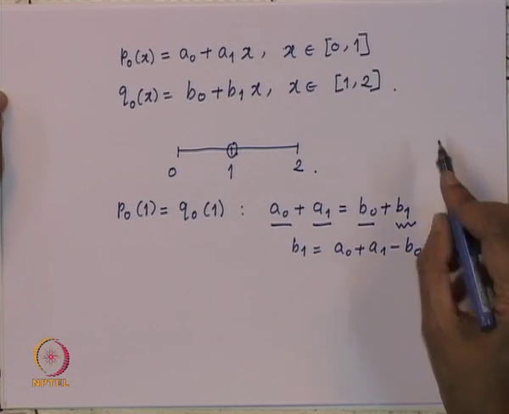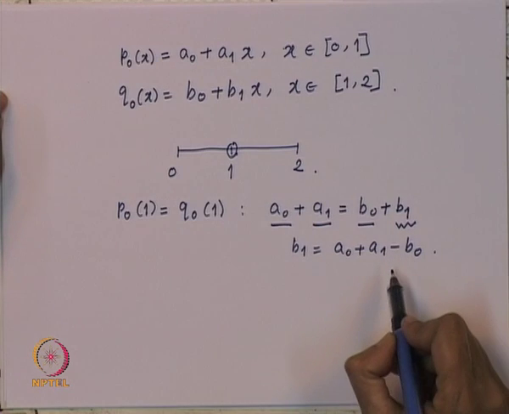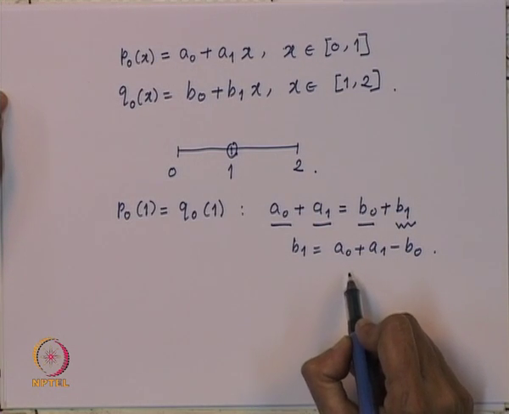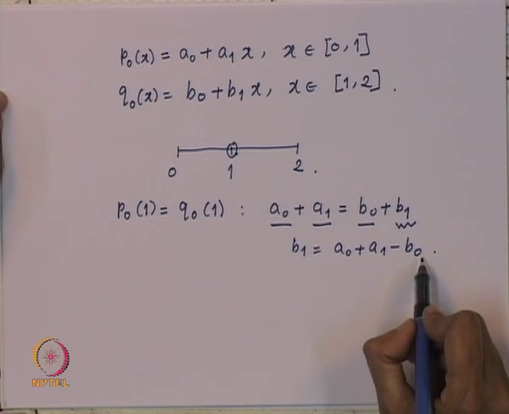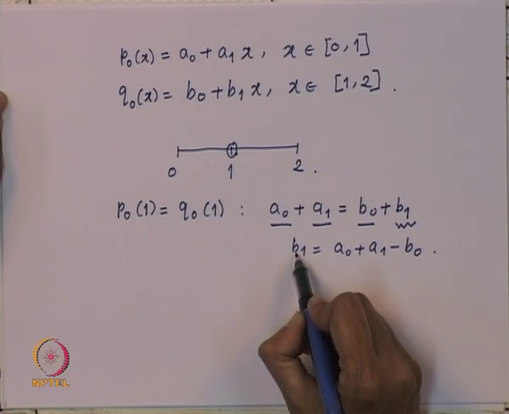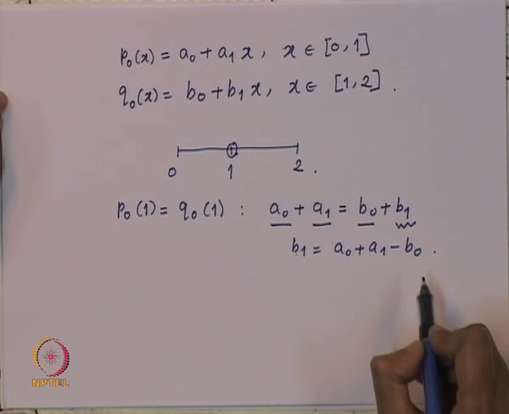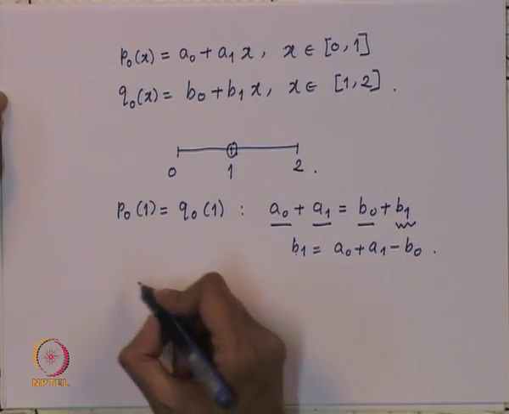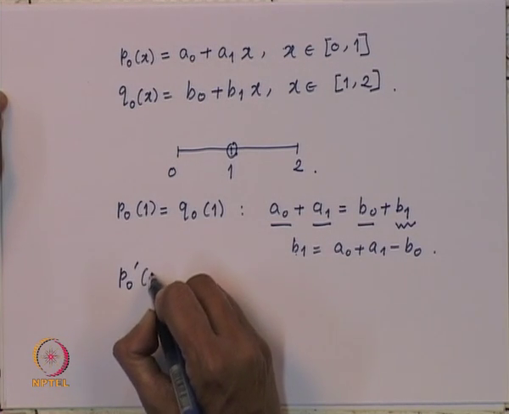Earlier we could vary a0, a1, b0, b1 independently. Now, we can vary only 3 constants independently, a0, a1 and b0, and then b1 is determined in terms of a0, a1 and b0.